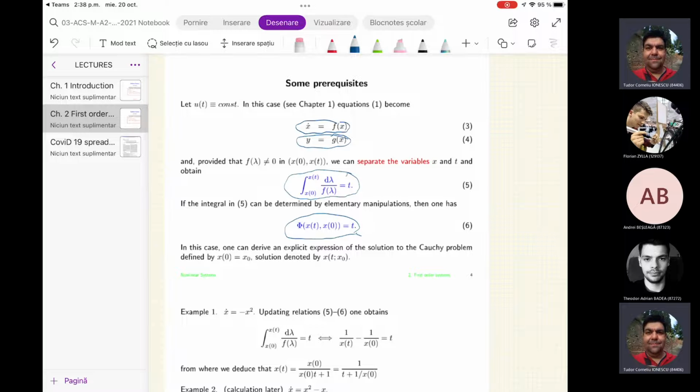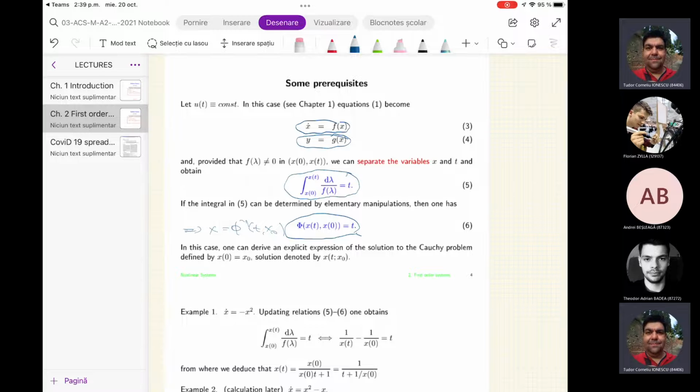So in this case, you can easily compute. For instance, if phi is invertible, you can easily get x of t to be phi inverse of t and x0. You can do that because we just said that our functions are continuous, so there are no problems.